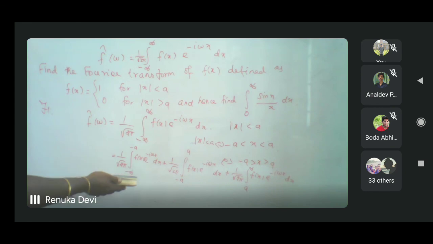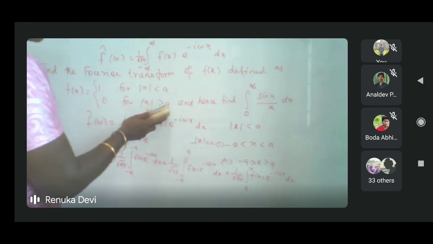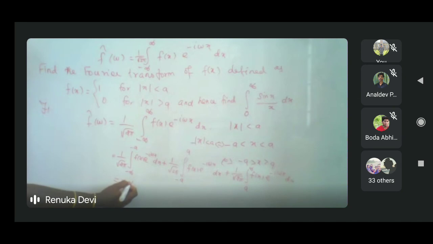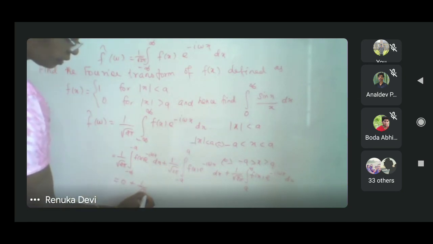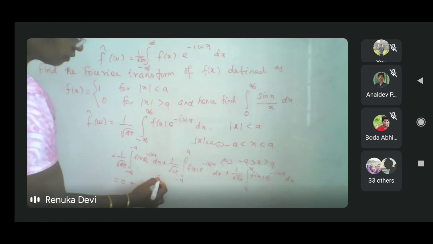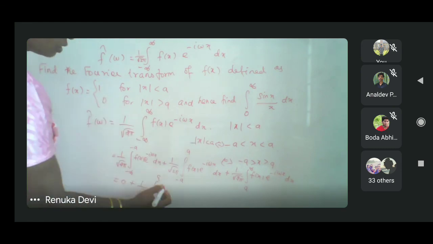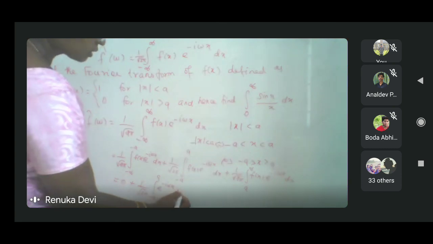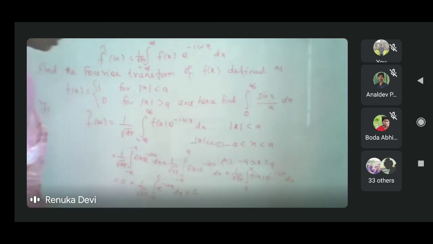Now in the first, minus infinity to minus a, since modulus of x greater than a, f of x is 0. Therefore the function value is 0, and the third term is also 0. The second term exists, that is 1 by root 2 pi from minus a to plus a; f of x is 1, so you just have e raised to minus i w x dx.